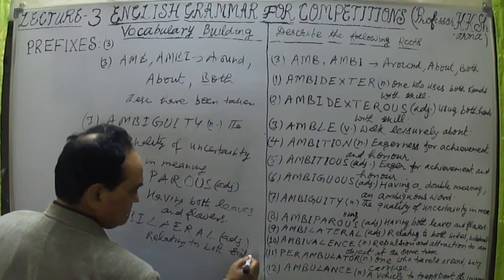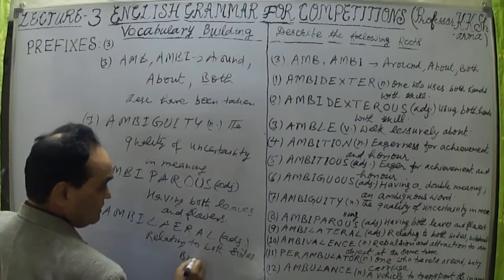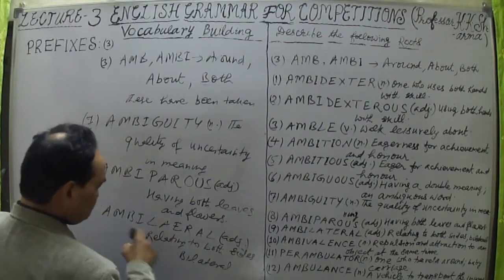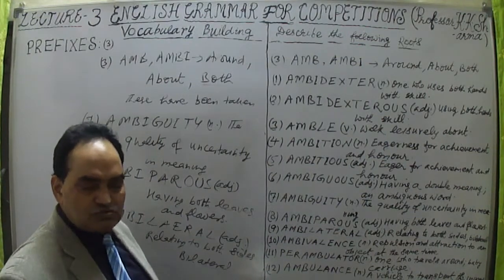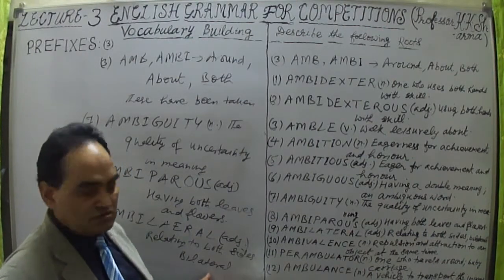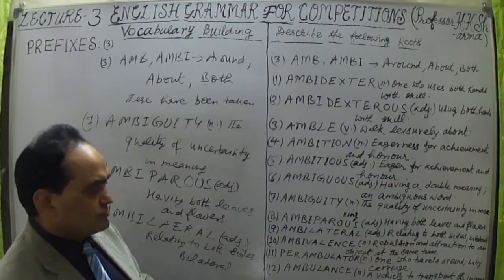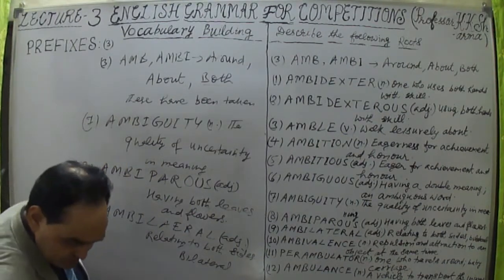Bi means two, lateral, so bilateral is a synonym of this word. Ambilateral or bilateral means the same thing. Bilateral means two-sided talks. It can be bilateral talks or anything bilateral, from both sides. Bilateral is relating to both sides. So this is ambilateral. So nine words we have taken.